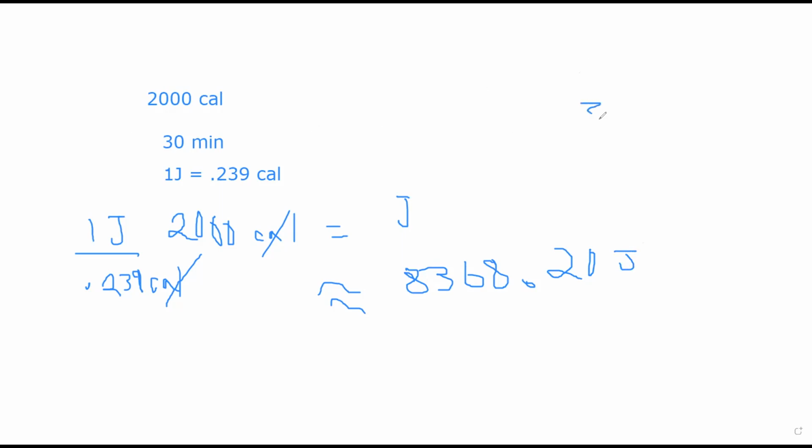And then you have 30 minutes times 60 seconds over 1 minute, which is equal to 1,800 seconds.